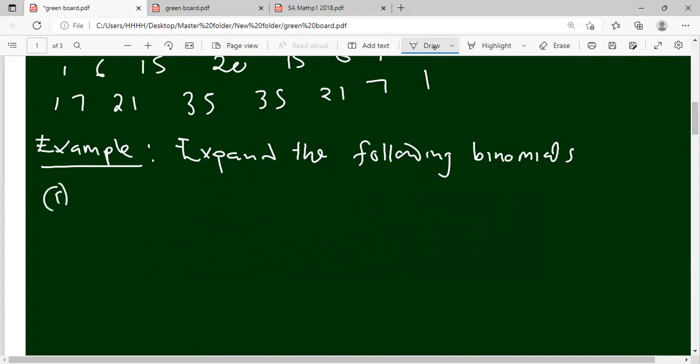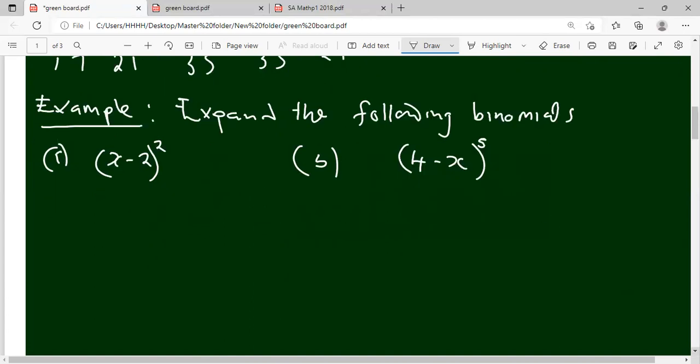A, you have got x minus 2 to the power 2, then b, 4 minus x to the power 5. All right, so answers.